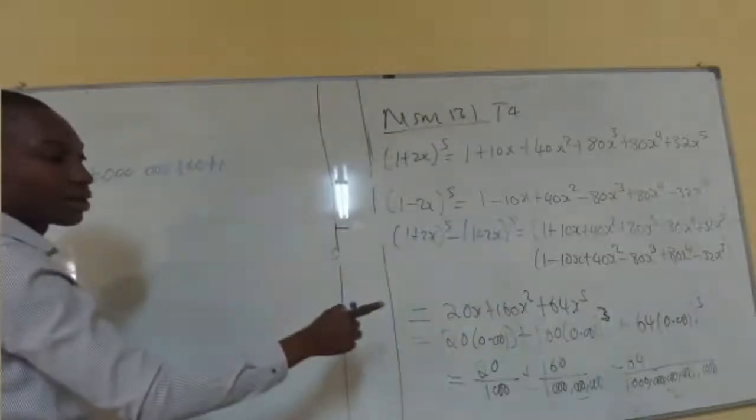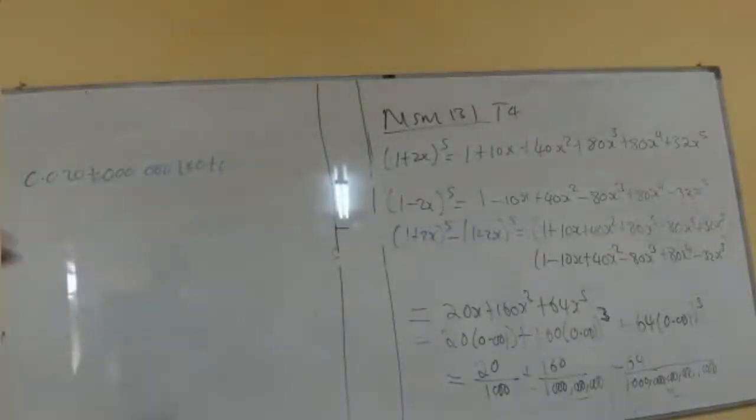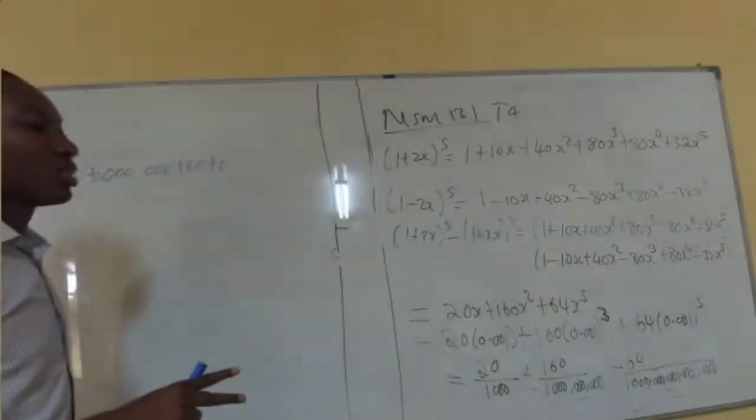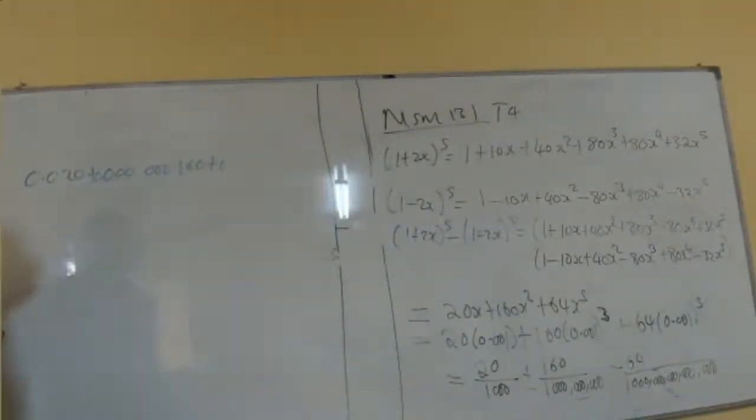Now here, you know that you have 64. So 64 has 2 decimal places, meaning it's going to occupy the last 2 zeros in that denominator.